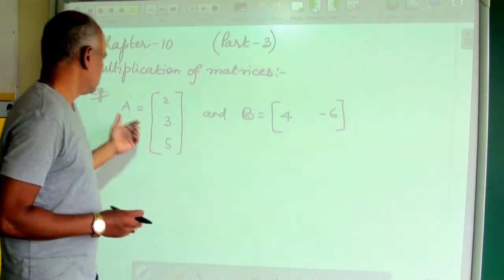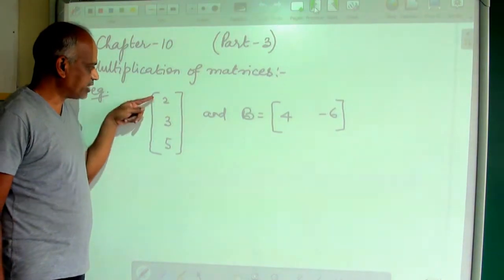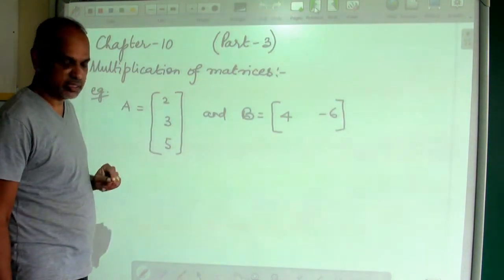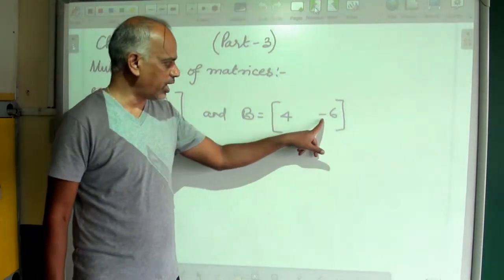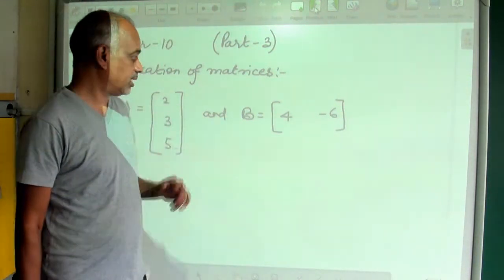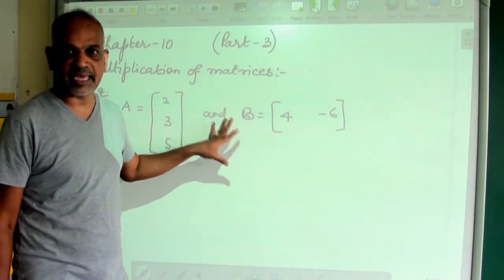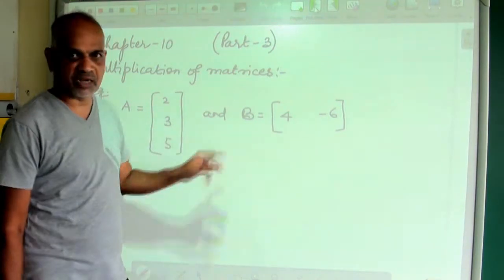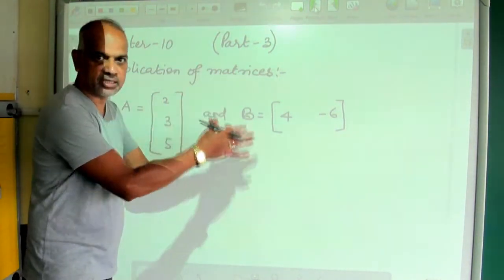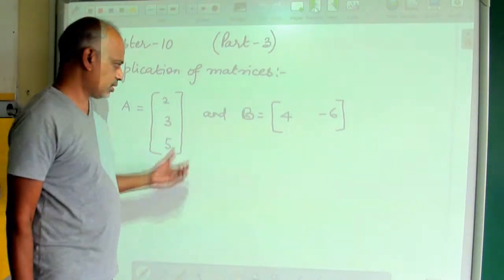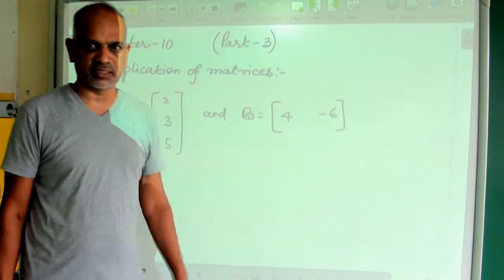Now, I have given you an example here. A is a matrix whose elements are 2, 3 and 5. And B is the second matrix whose elements are 4 and minus 6. The first thing that you have to check is whether multiplication can be done with these two matrices, that is, whether you can multiply matrix A with matrix B. For that, you have to know the order of both these matrices.